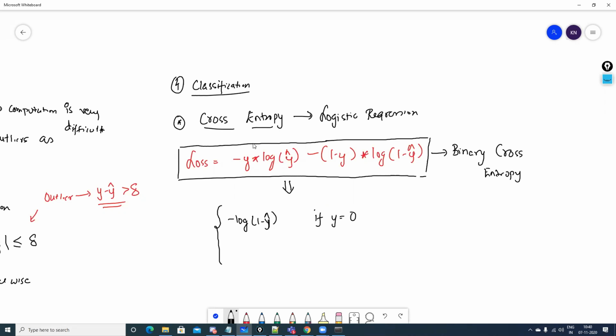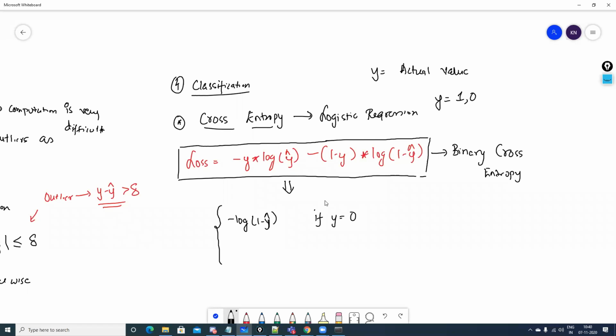Just understand, guys, y is your actual value. In case of binary classification, what values can y have? It can have either 1 or 0, right? So if y is 0, then 0 multiplied by log of y hat will be 0, and we will be having minus log of 1 minus y hat.